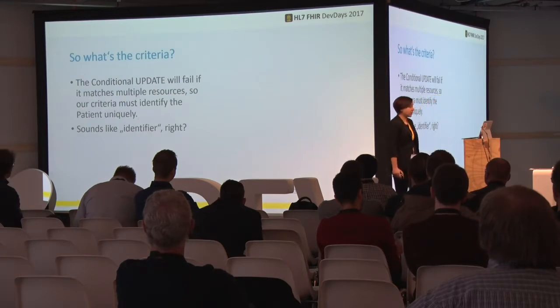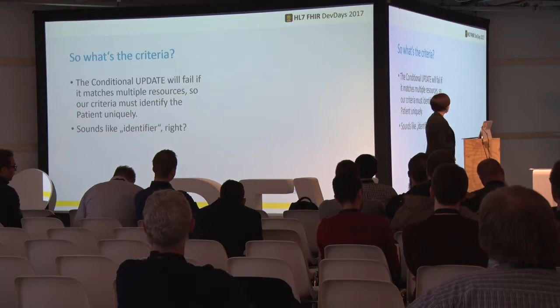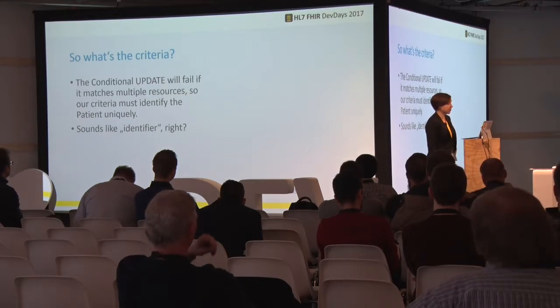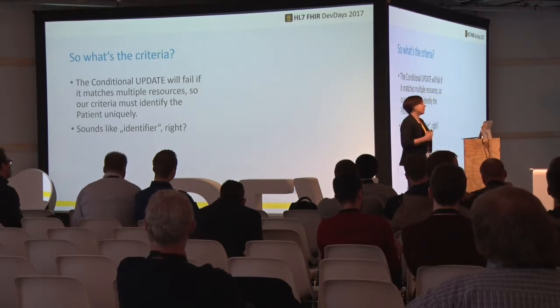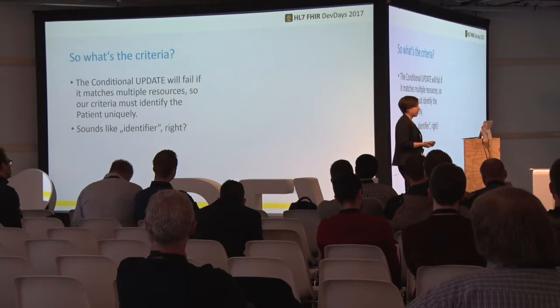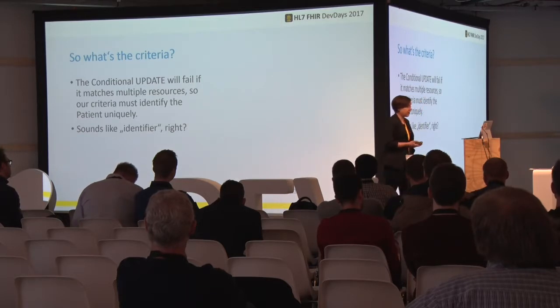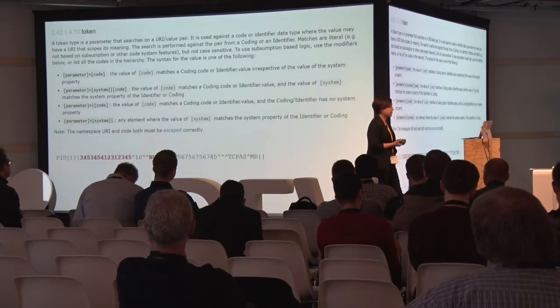So in order to get the criteria for the search right, and not by accident having too many results that would cause an error to occur, we have to make sure that our criteria identifies the patient uniquely. So identifier is definitely going to be our criteria.